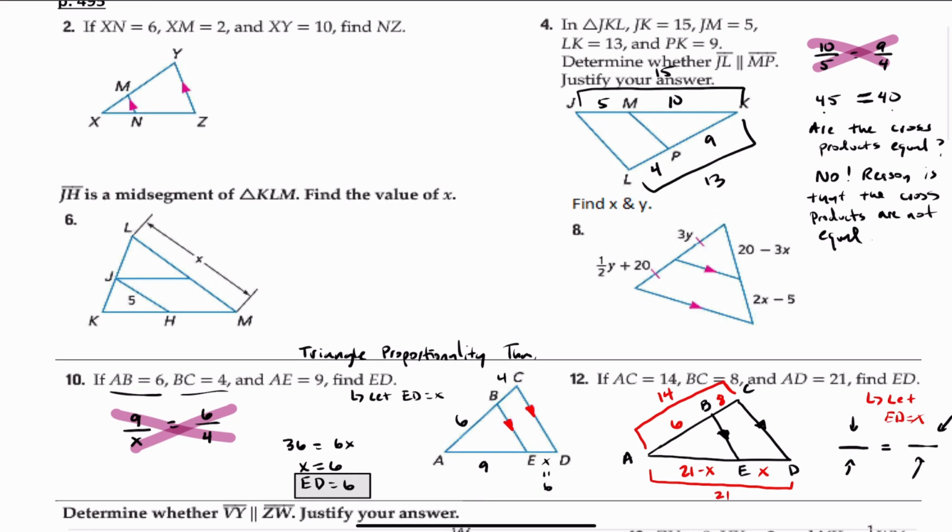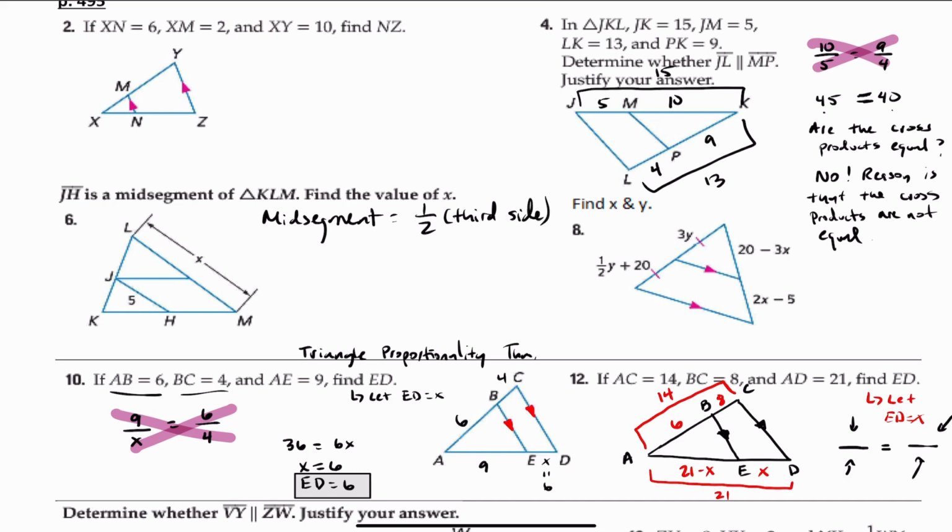And then here we have this mid-segment problem. Segment JH is a mid-segment of triangle KLM. Find the value of x. So the mid-segment is equal to 1/2 the third side, okay?